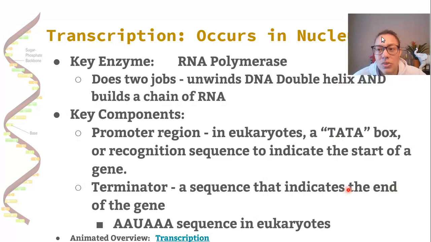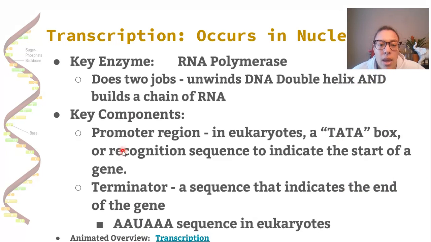So, how does it do that? It's going to have some major pieces. For all of transcription, there's going to be a region on our DNA called the promoter region, and it has these repeating T's and A's. It's called the TATA box, which is kind of funny to say, but it's going to be repeating TA, TA, TA, and that's going to signal, hey, it's transcription time.